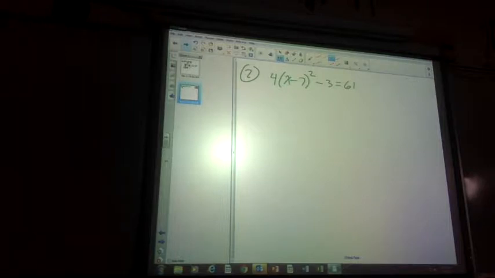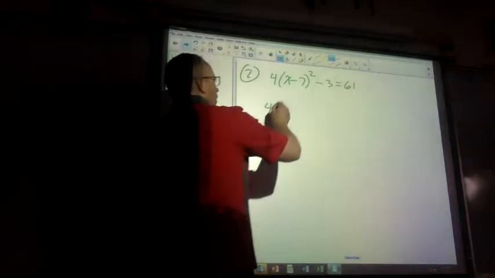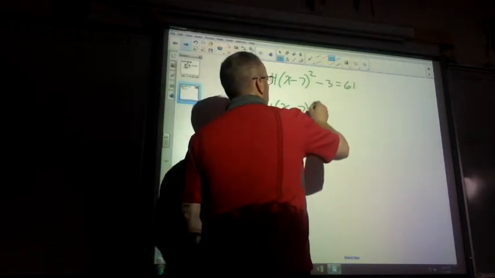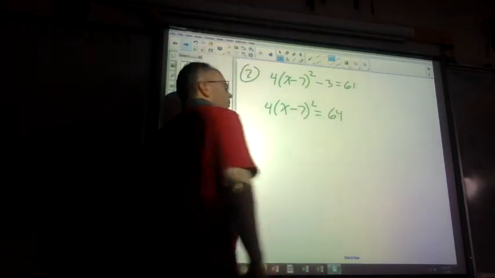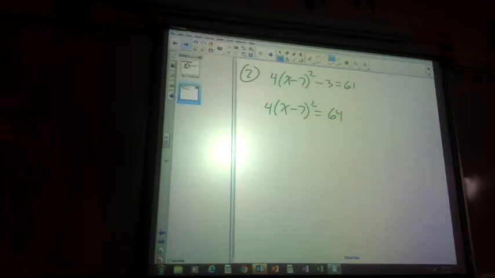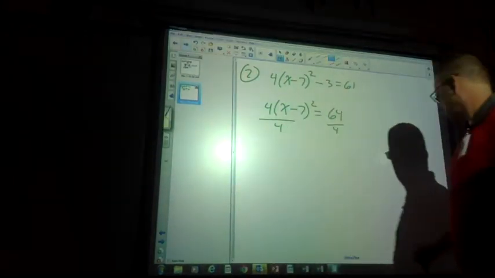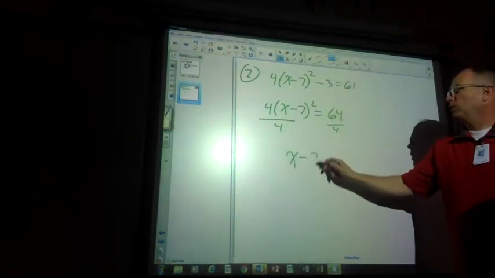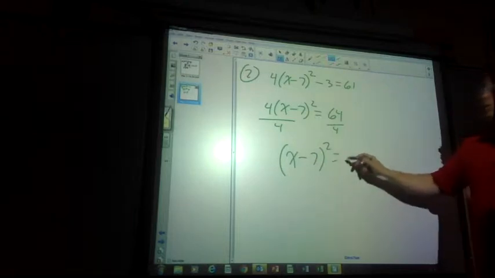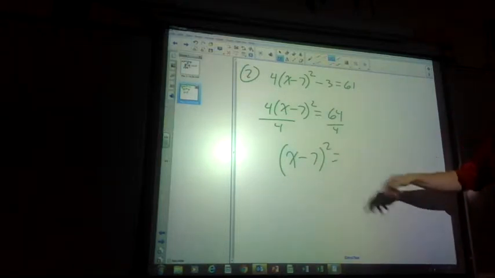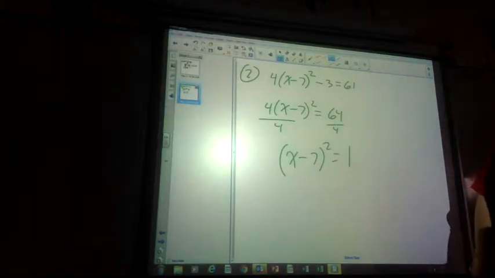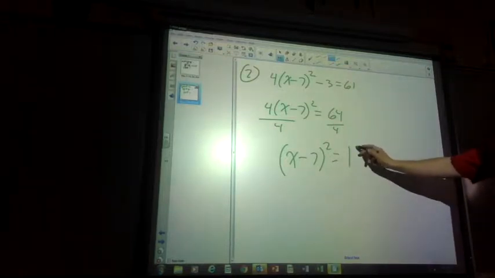Let's see. I can add 4 to both sides. What do you think? Or, excuse me, add 3 to both sides. Make sense? So I have 4 times the quantity, so how can I undo that 4 times the quantity? Division. Good. So I'm going to divide by 4, divide by 4. So I'm going to get x minus 7, quantity squared, equals 16.